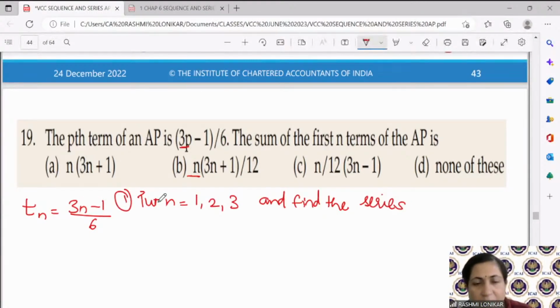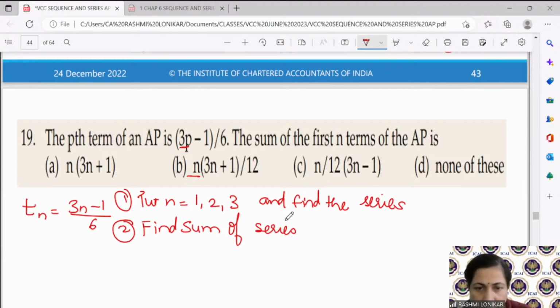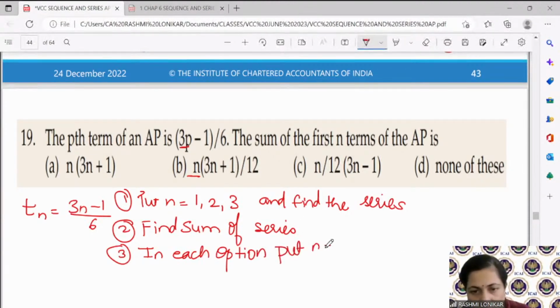So this is my step 1. Put in 1, 2, 3, find the series. Second, find the sum of the series. Kavya, pay attention. Find the sum of the series. Then in each option, put n as equal to 3 and calculate.